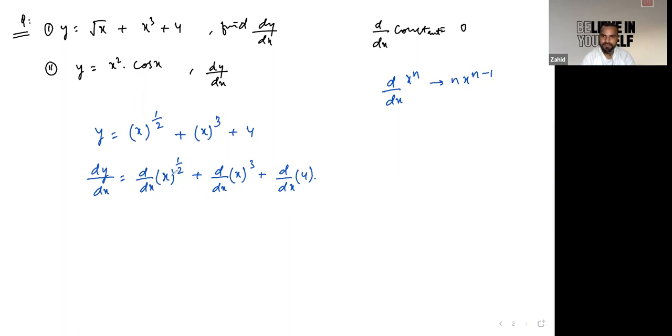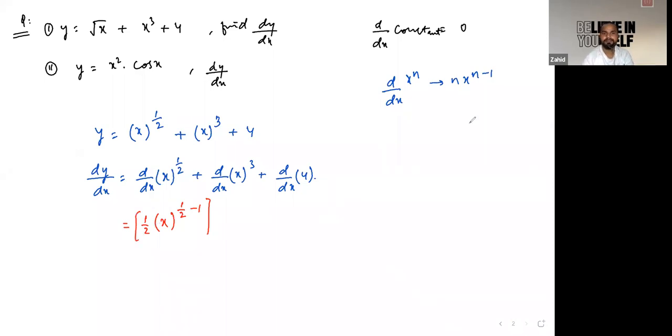Yes, sir. In the first part we have x raised to plus half. So x to the power n, according to this rule, n would be just half. So apply the formula. You get n x raised to n minus 1 for the first part.